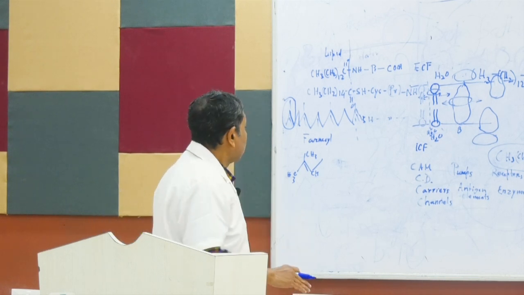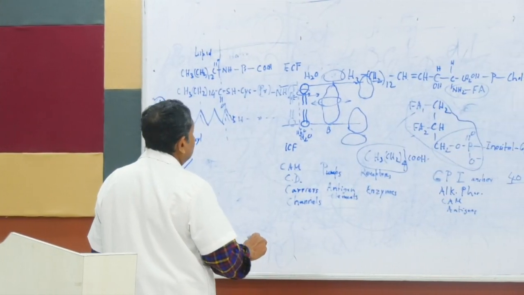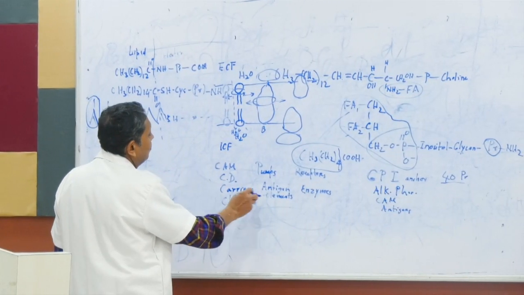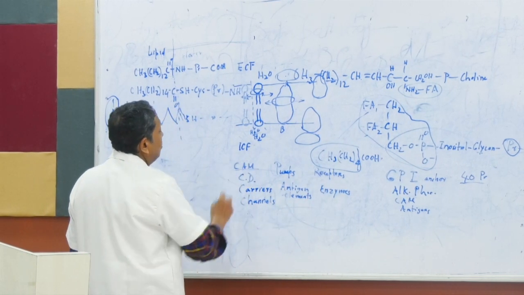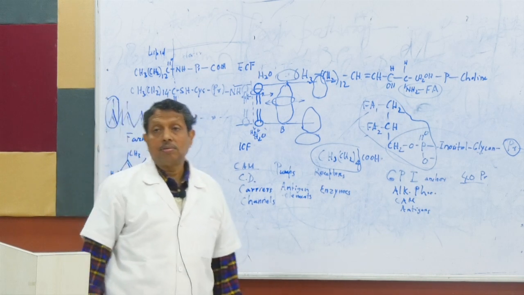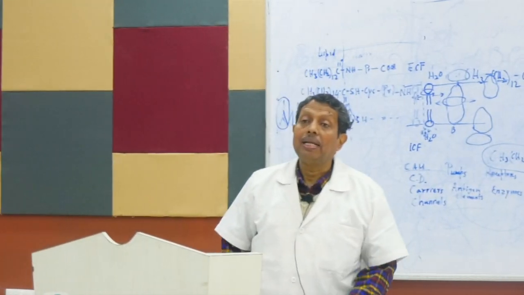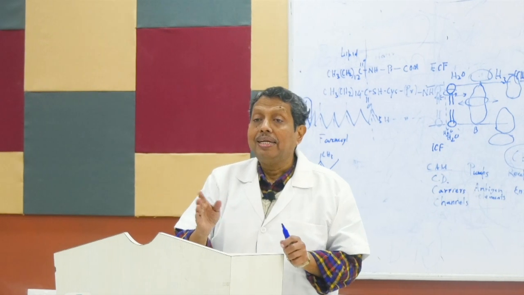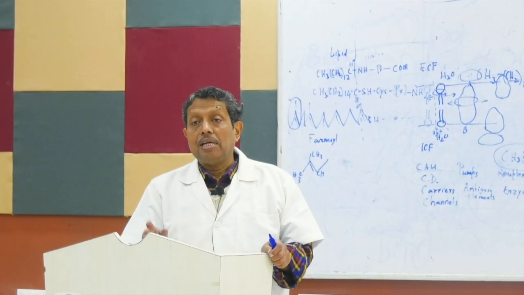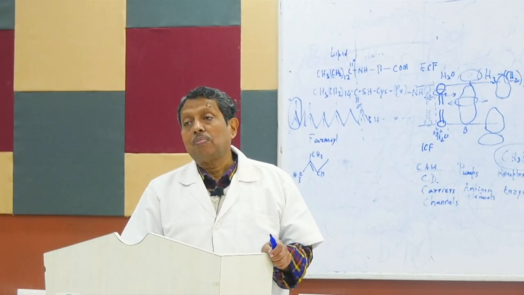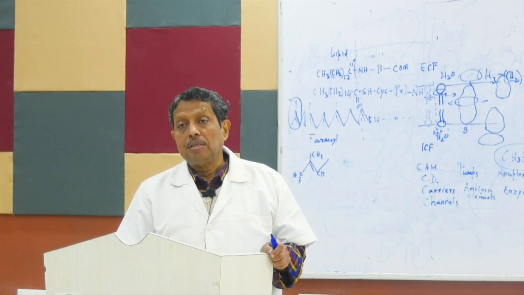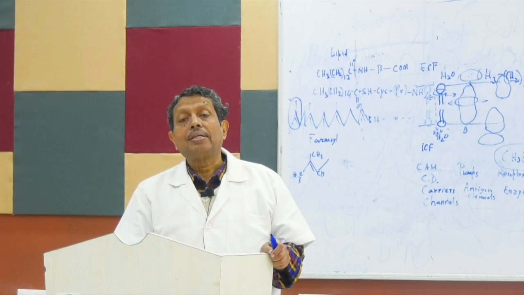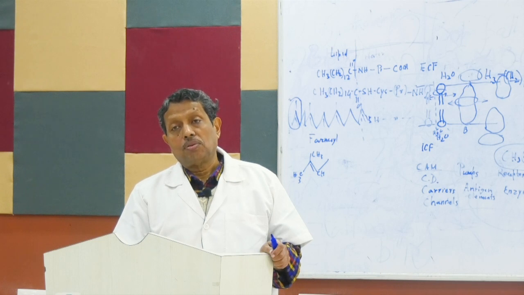Cell adhesion, we can discuss something about cell adhesion. Cells are attached to one another and to the basement membrane by cell adhesion molecules. They are of different types and also known by their acronyms.